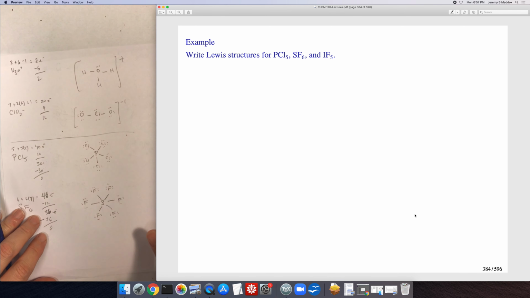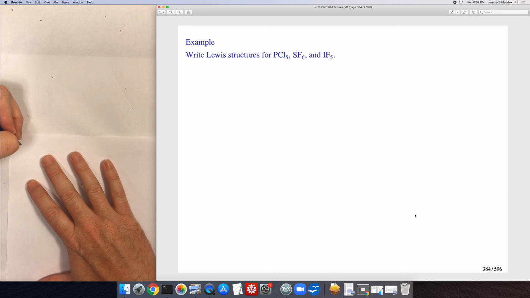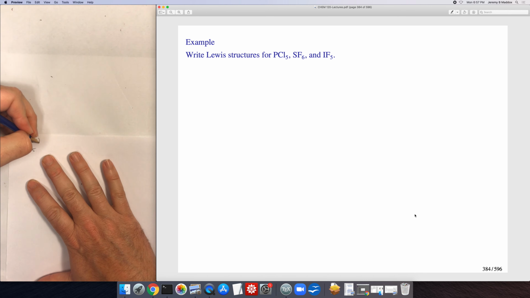Let's see, we've got another one that we want to do, the iodine pentafluoride. Okay, iodine is a halogen. It's got 7 electrons. Plus we've got 5 fluorines. Each of those have 7 electrons. So we're at 35, 42.